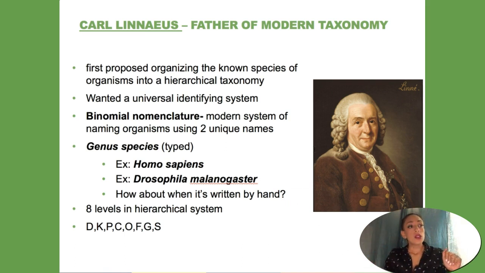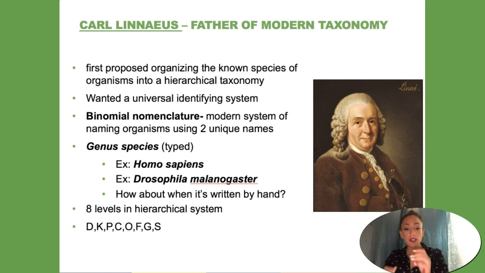Now we can go all the way down from kingdom, phylum, class, order, all the way down to genus and species, and all scientists all over the world can 100% guarantee we're talking about the exact organism that we intend to.